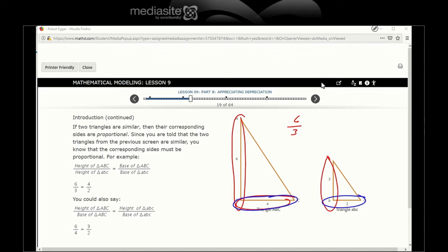We have the same ratio as these two, 4/2. And let's see, 6/3 is 2, and 4/2 equals 2. I was basically comparing triangle ABC to triangle A'B'C', corresponding sides.